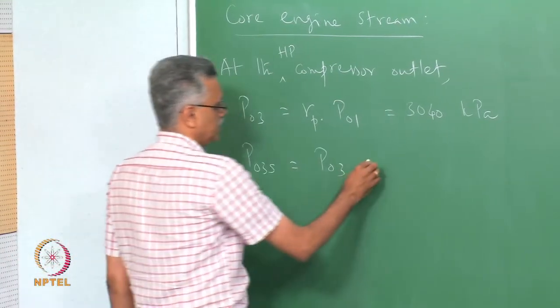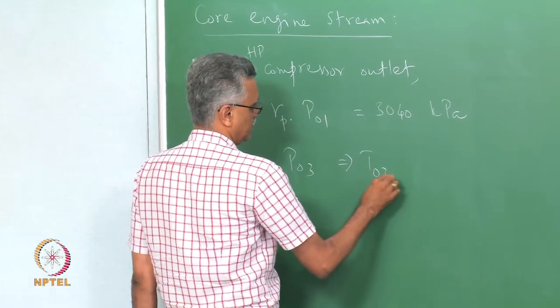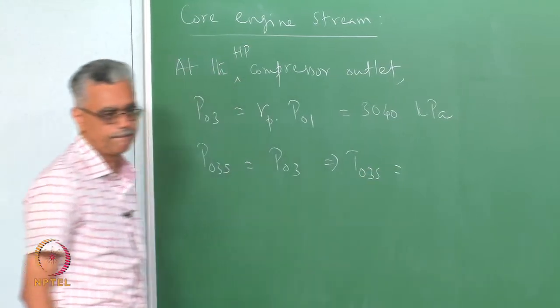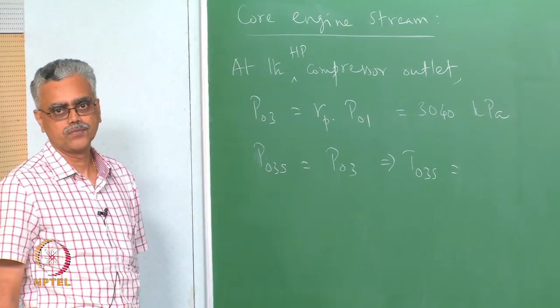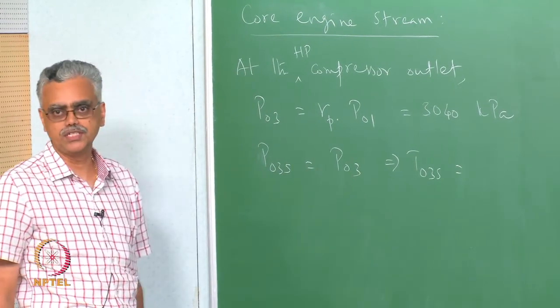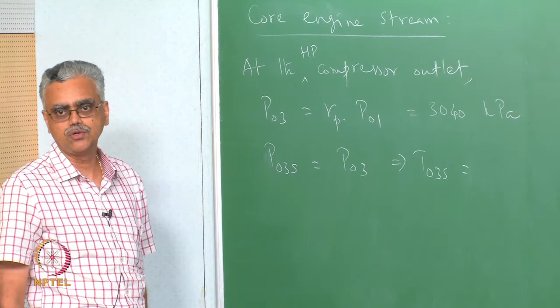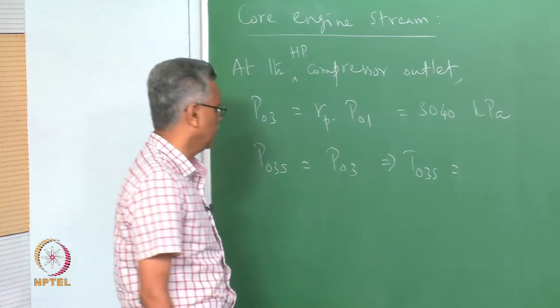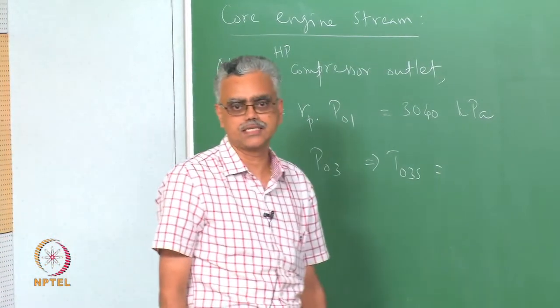Which means that T03S is going to be, what is this going to be? We use the isentropic relationship to calculate T03S. So, please calculate and tell me what T03S is.